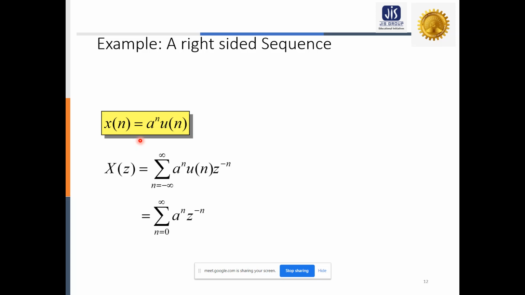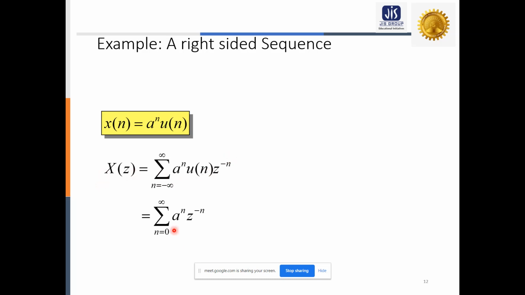So what will be the Z transform of this sequence? Simply put it in the formula which I have explained. So X(z) is equal to the summation of n equal to minus infinity to infinity of a^n u[n] z^(-n). Just simply put this in the formula of X(z).